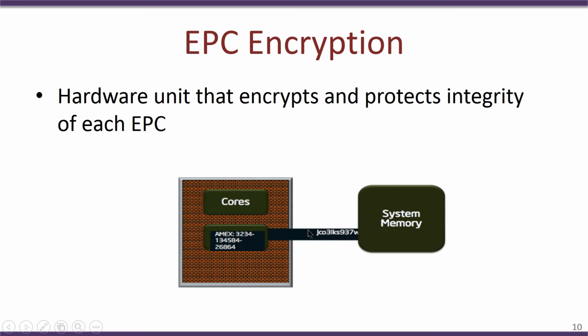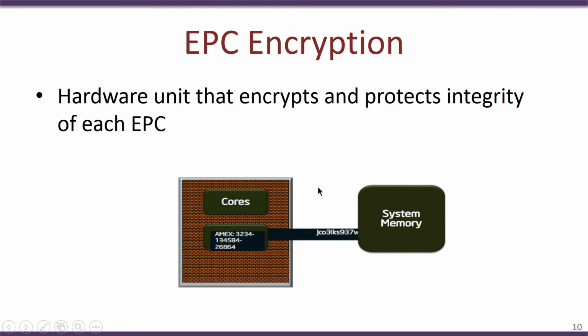When this encrypted data enters into the processor, a very fast decryption engine would decrypt it to get the plain text data. So, any data leaving the processor would be encrypted, while any data read into the processor which is present in the enclave would be decrypted.